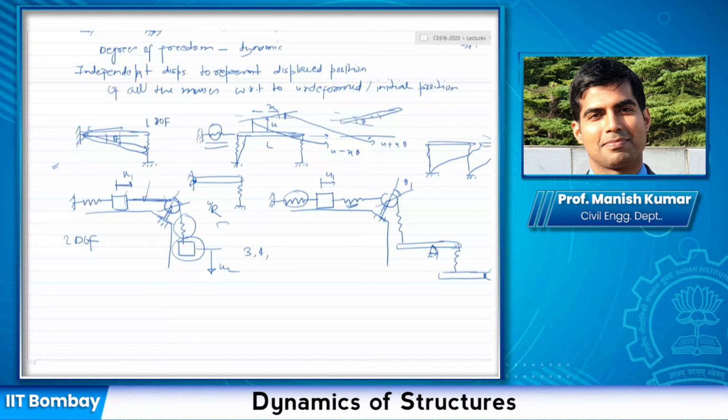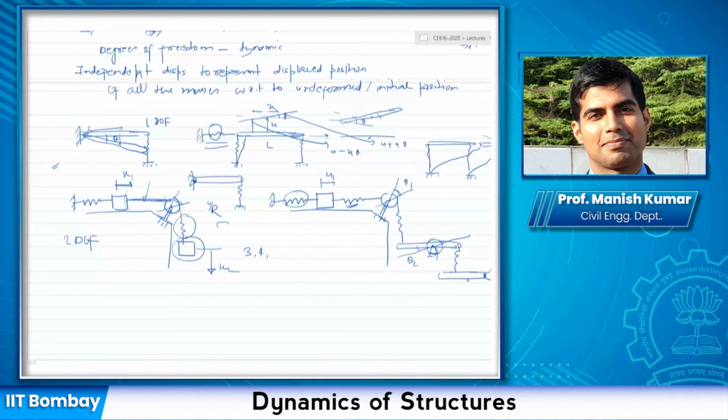Now I have this bar as well. Now this bar can also rotate. It is constrained to rotate about this point here. So it can rotate, and is it related to the rotation of the pulley? It would have been had I had an inextensible string between these two, but I have a spring. So to represent the position of this bar, I need another degree of freedom system, which is theta 2.